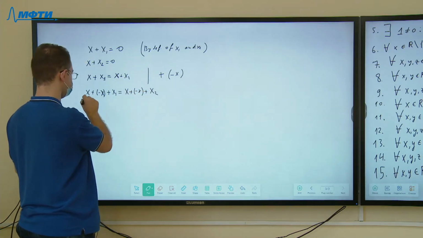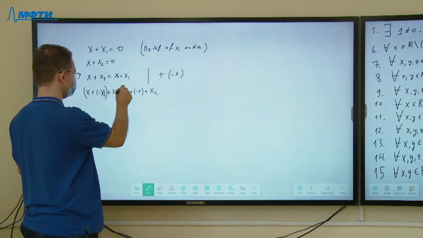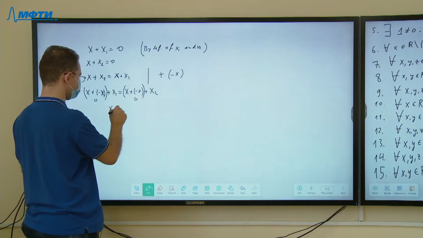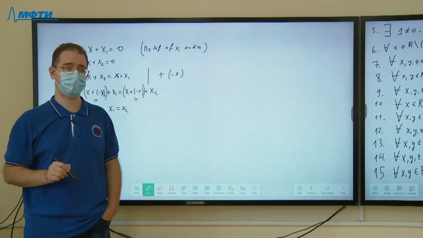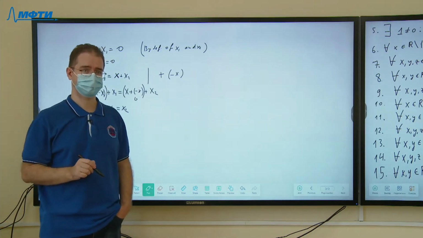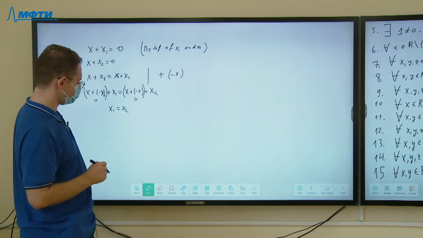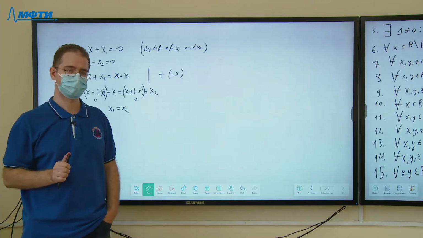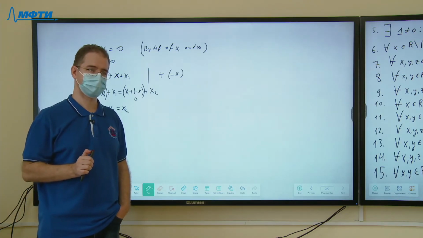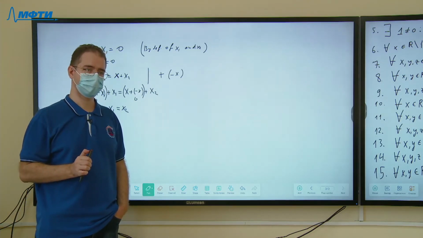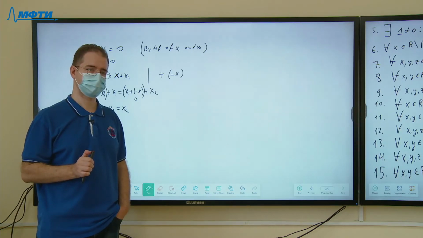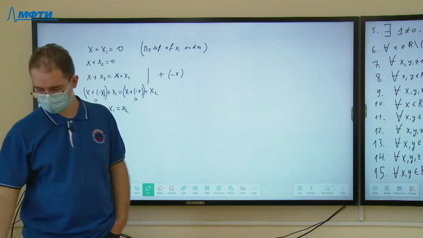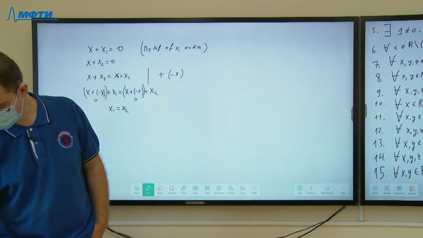And since I'll put brackets over here, and since this is 0 and this is 0, we have x1 equals x2. Yes, correct. I agree. Any more questions? Okay, moving on.